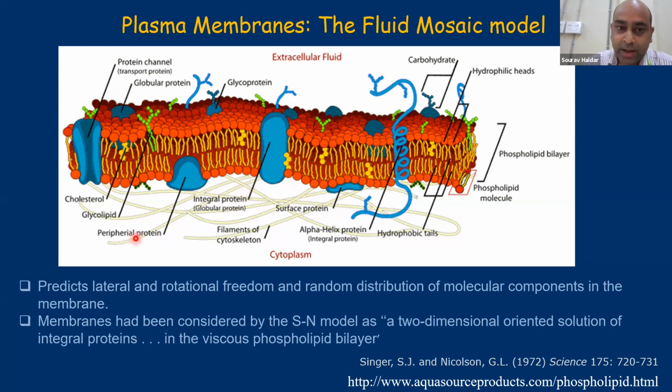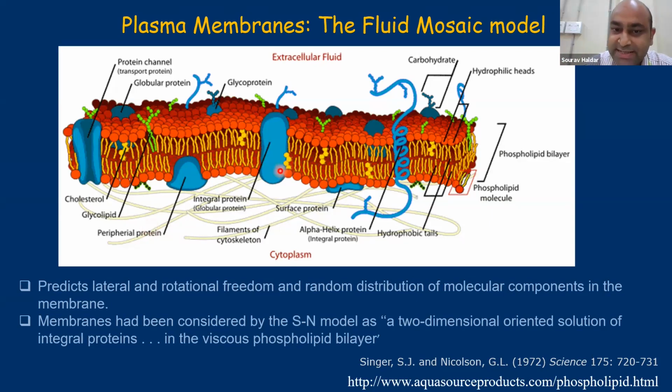All right. So as I told you, the Singer and Nicholson model is not an experimental model. It's a proposition based on the existing data, right? And it predicted things, some of which could be experimentally verified, and some of which could not, because the model couldn't capture some of the features of membrane physiology.